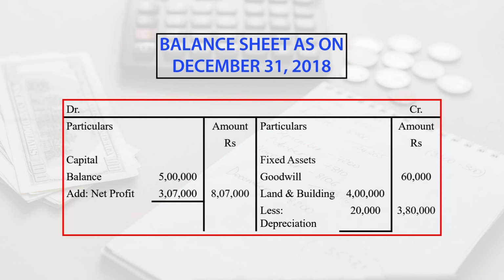Now we come to the asset side. First one is goodwill. Goodwill has been provided 60,000 rupees inside the trial balance. Then land and building 4 lakh has been provided. Out of this the depreciation will be subtracted, less depreciation 20,000, so 3 lakh 80,000.